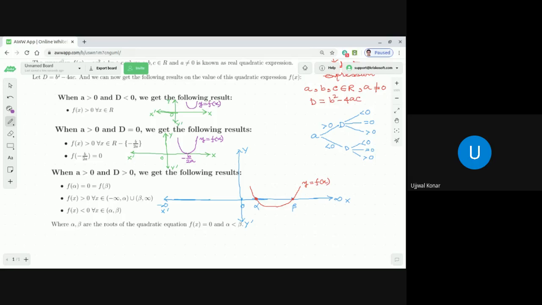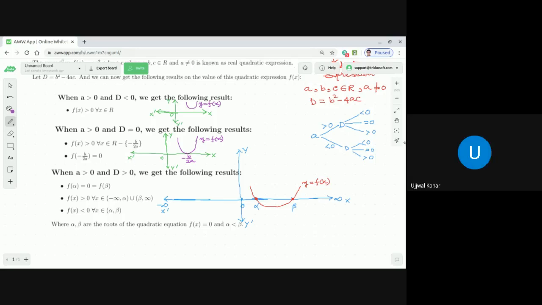Again, it is greater than 0 from beta to infinity. Between alpha and beta, it is less than 0. I repeat, dear students, the graph is nothing but a visual representation of whatever I wrote in the inequalities. Sometimes it is important as well when you discuss coordinate geometry, but from a pure algebraic point of view, you need to remember these points.